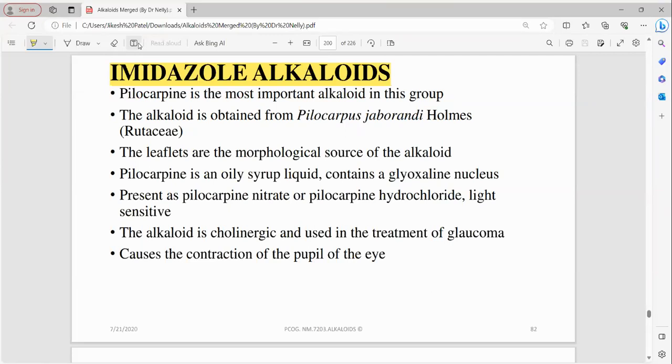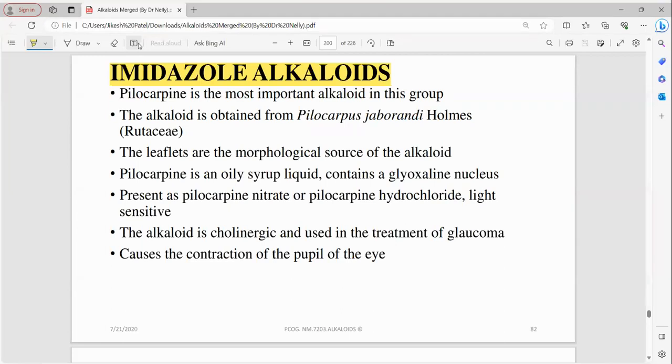So next is the imidazole alkaloid. In the imidazole alkaloids, here we just have pilocarpine. Pilocarpine is the one that deserves mention in this group. We saw it being used for glaucoma.